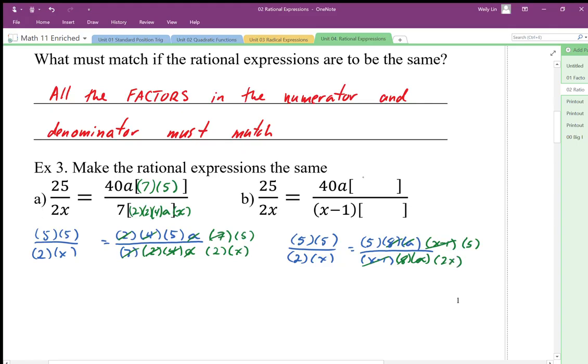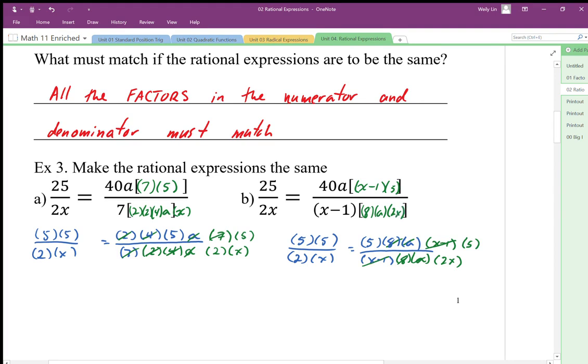So then the factors that are introduced here are going to be x minus 1 times 5. Write that all in the same brackets, times 5. On the bottom here I have 8 times a times 2x.